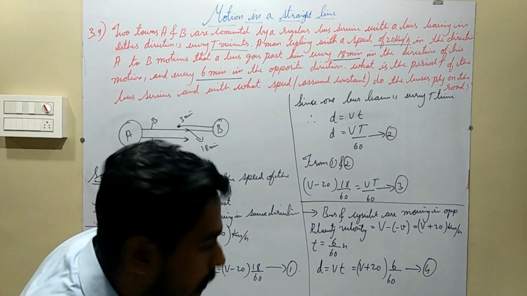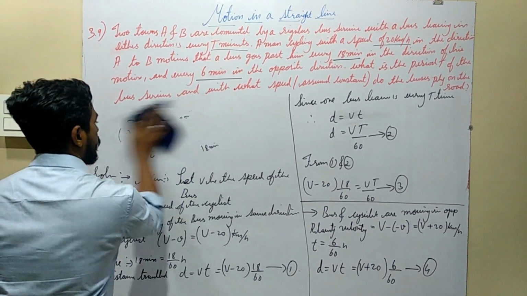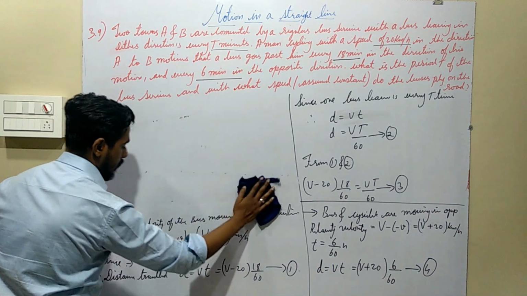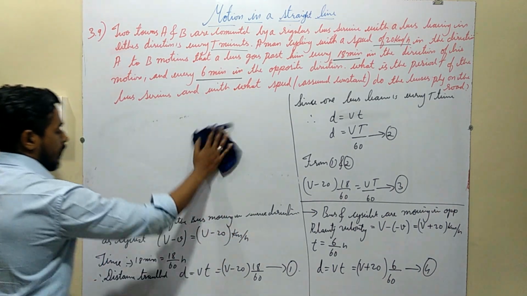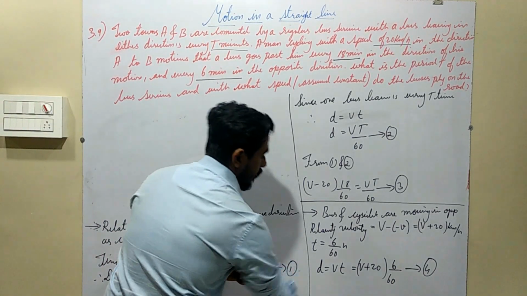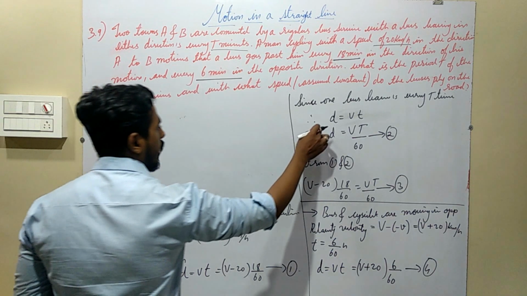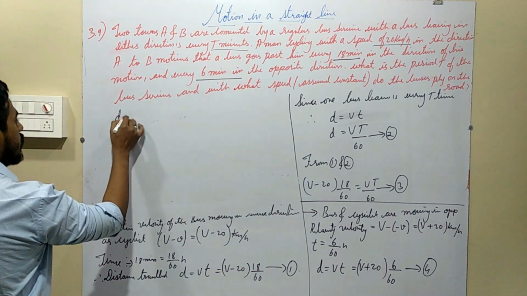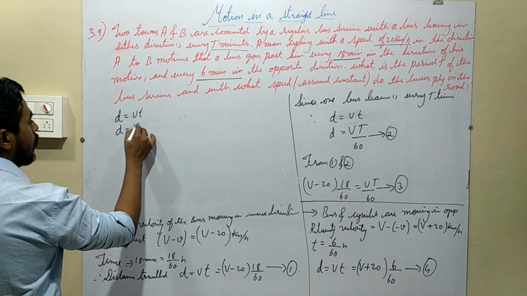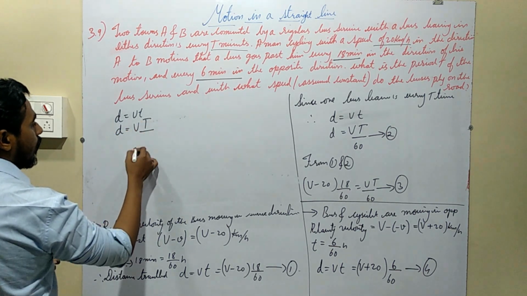Okay, let me just rub this. Okay, this is equation 4. Similarly, for time t, distance d is equal to v into t, and d is equal to capital V into t divided by 60.